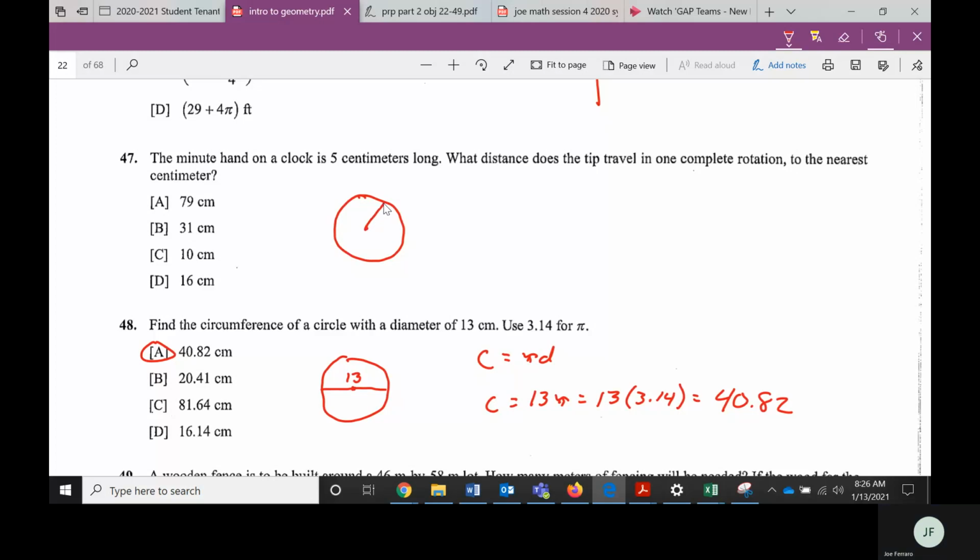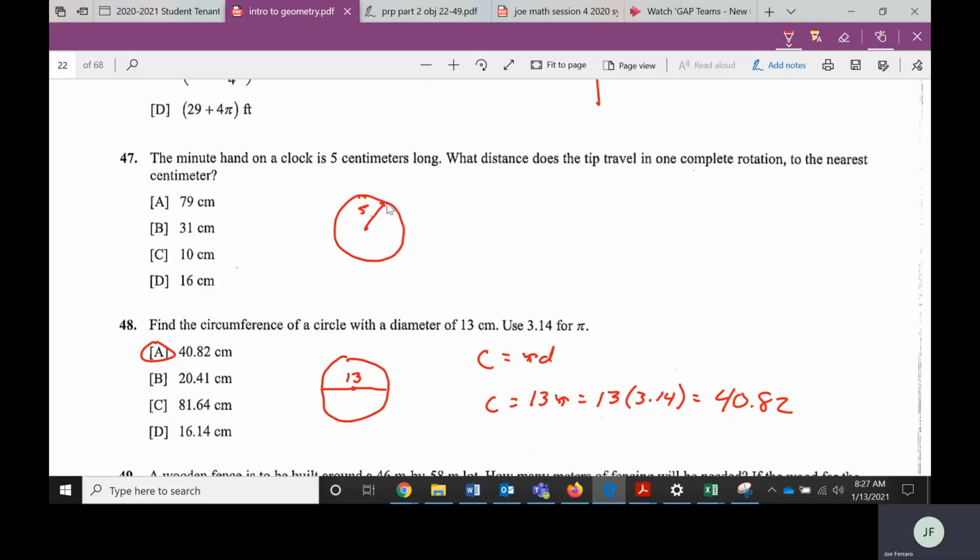They really don't say, but let's assume the minute hand goes all the way to the edge. They probably should say that. And that's 5 centimeters long. So the picture looks just like what we did, but they don't ask what's the circumference.